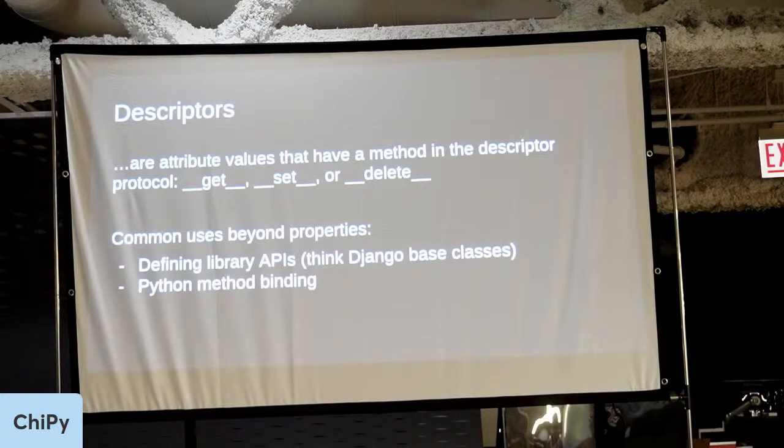And that's essentially a descriptor. Reasons you want to do this is, well, you're defining an API and you want to control access. The Django base classes that blow up if you try to instantiate them, that's a good place to find descriptors. But the use I specifically want to look at is Python method binding.